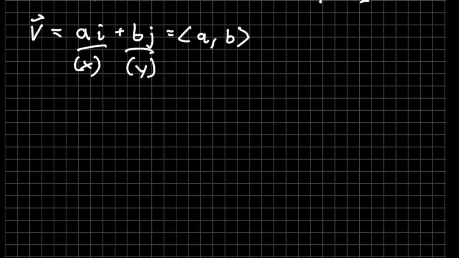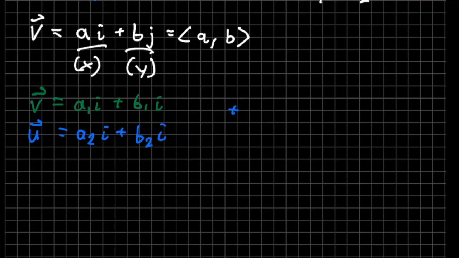For example, if we were adding two vectors, v is maybe a1 i plus b1 j, and u is a2 i plus b2 j.